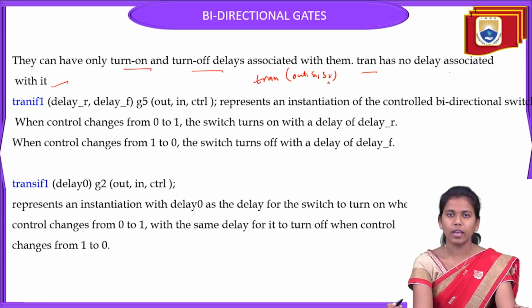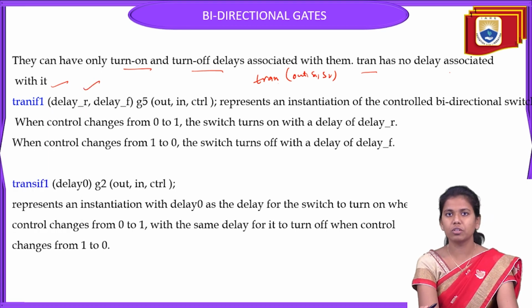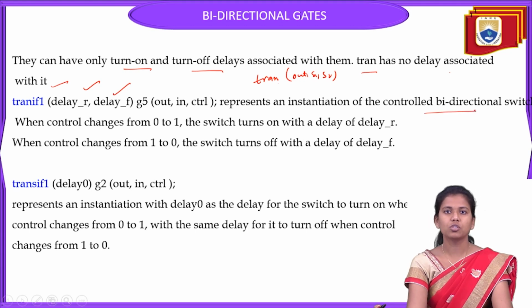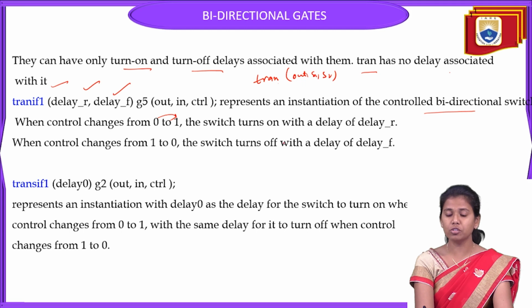Simple. Now, when it comes to TRAN-if1, I have the delays with respect to the rise time and fall time. So here it represents the instantiation of the controlled bidirectional switch. When the control signal changes from 0 to 1, the switch turns on with a delay of the rise time.